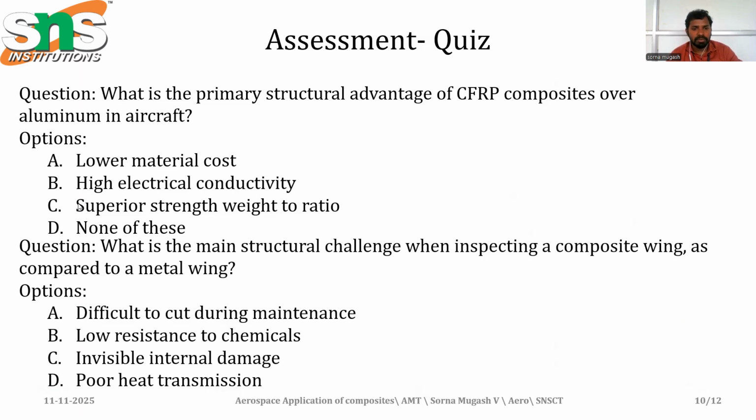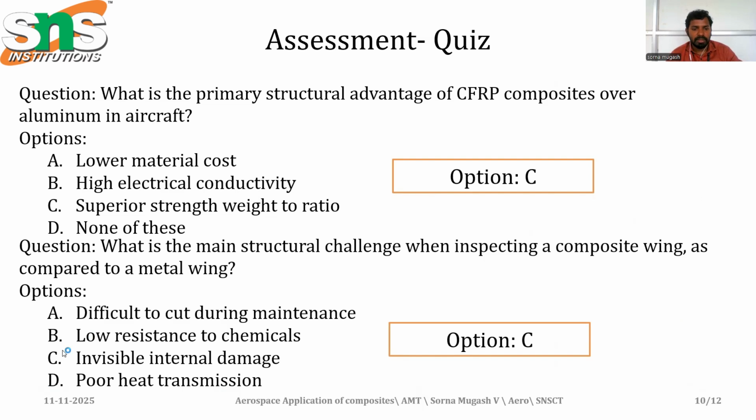The second question is: what is the main challenge when inspecting a composite material as compared to a metal one? The answer for the first question is option C, superior strength-to-weight ratio. And for the second question, it is invisible internal damage. These answers reinforce the key learning points from the presentation.